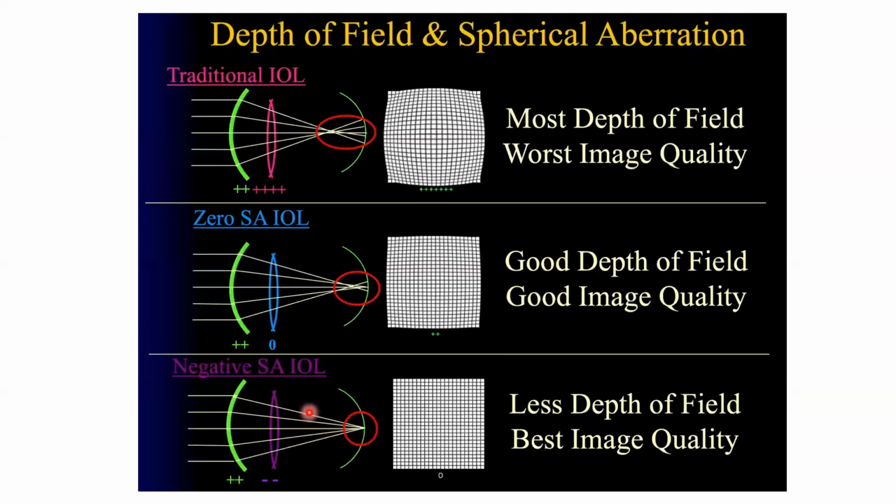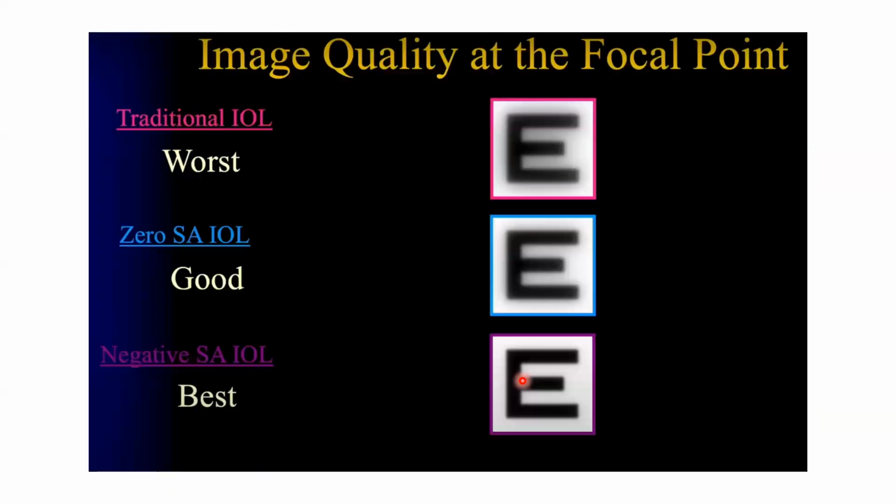The negative spherical aberration IOL is going to give us lesser depth of field, but is going to give us the best image quality. So the image quality at the focal point of a traditional IOL is the worst. It is very blurred out. For a zero spherical aberration IOL, it is good, but the best image quality is brought about by the negative spherical aberration IOL.